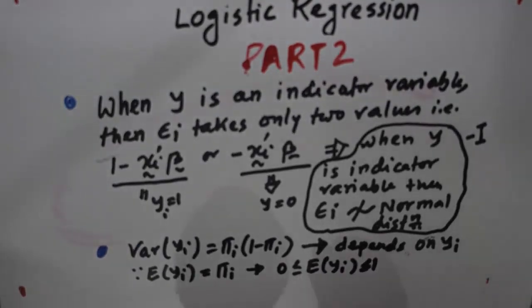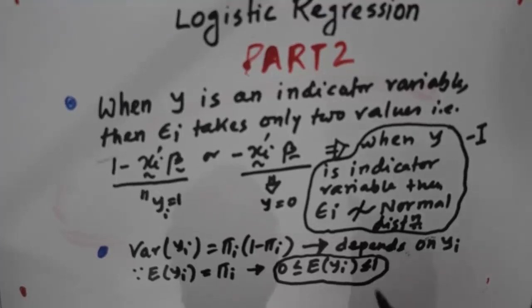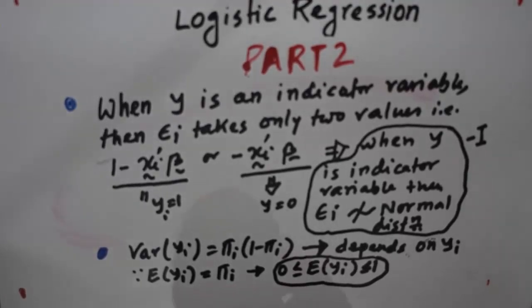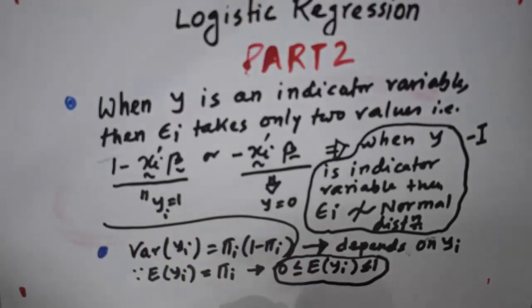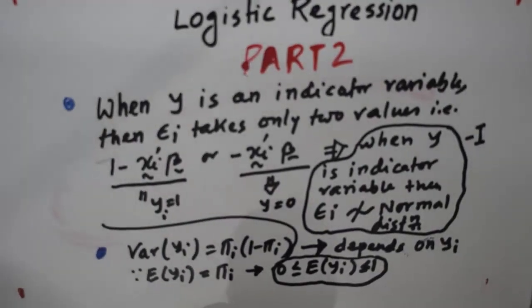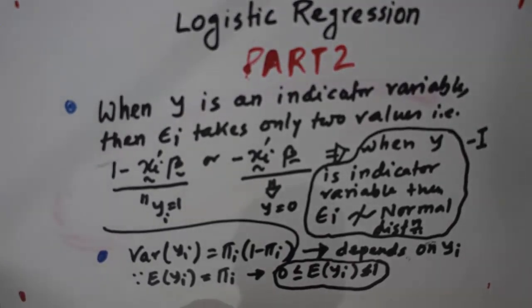This puts a big constraint on the choice of linear response function. So we cannot fit a model in which the predicted values lie outside the interval of 0 and 1.